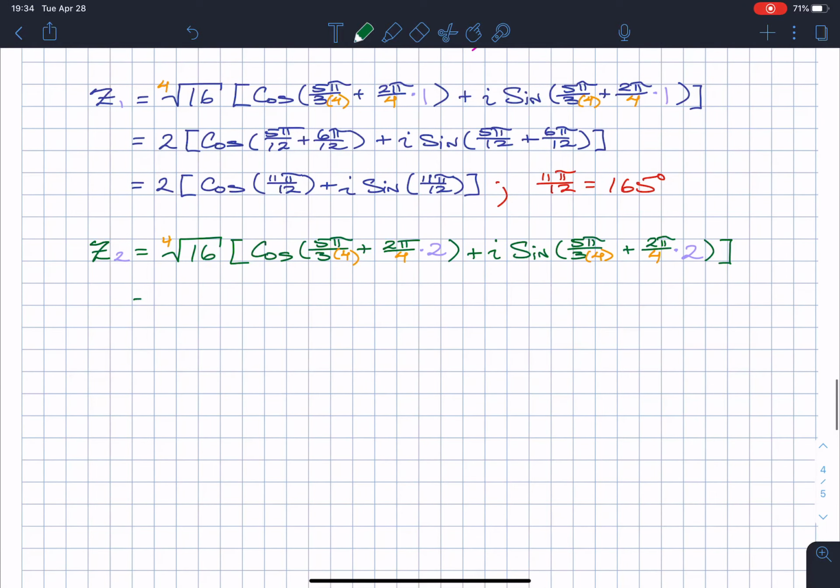Okay, so the fourth root of 16 is 2, and this becomes cosine of 5 pi over 12 plus 4 pi over 4, but I want to write that as pi, which is 12 pi over 12, right? 12 pi over 12 plus i times sine of 5 pi over 12 plus 12 pi over 12.